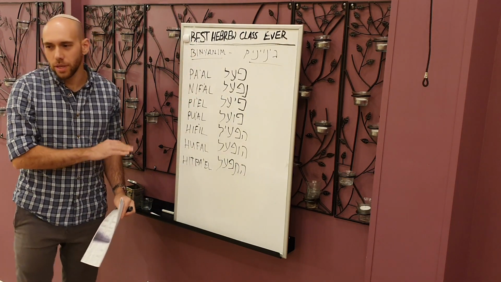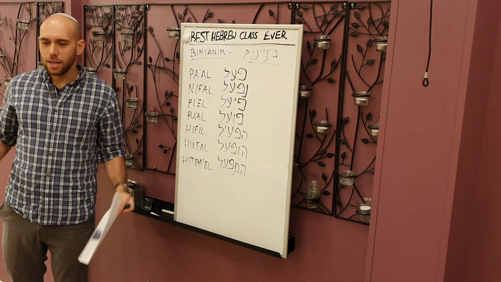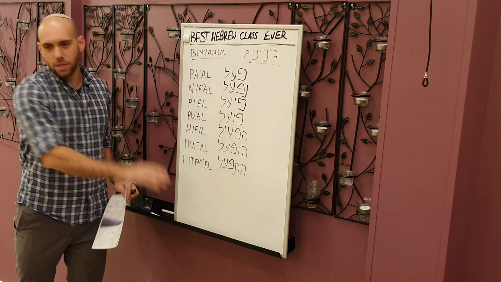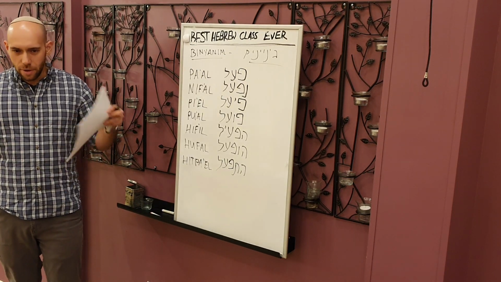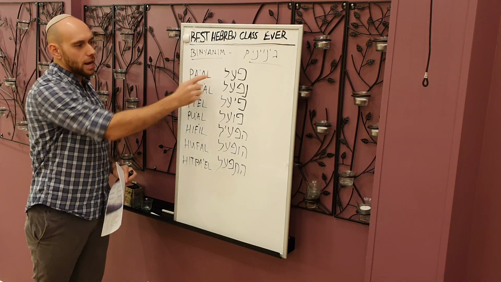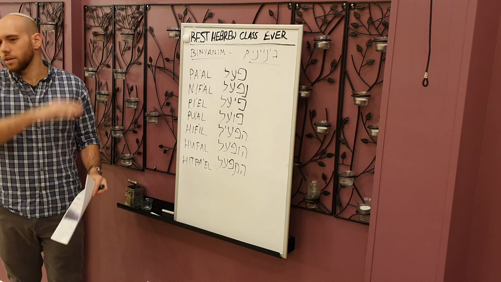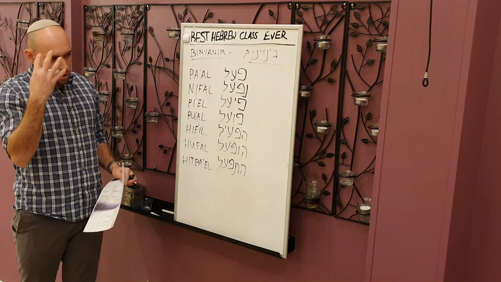And by the way, I don't know anybody else who does this. I feel like what I'm doing is insane, that I'm going through all the binyanim in one lesson. Because I think that if you see the big picture, then you have a better understanding of it. Every Hebrew class I've ever seen, every binyan is a separate class, or like 5 classes on that binyan. Well, by the time you get to the next binyan, you lose the big picture.